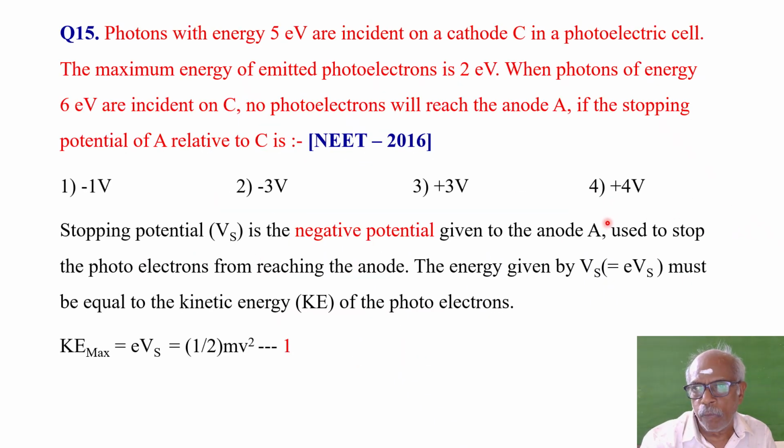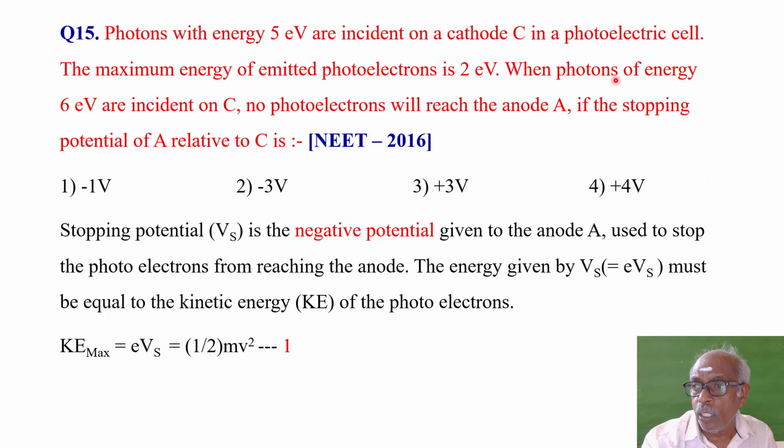The question is: photons with energy 5 electron volt are incident on a cathode C in a photoelectric cell. The maximum energy of emitted photoelectrons is 2 electron volt.